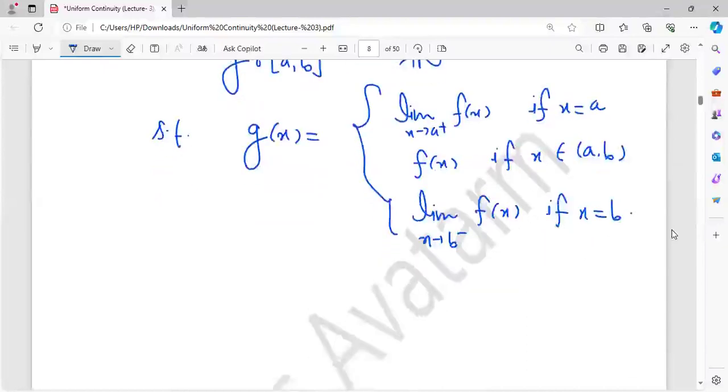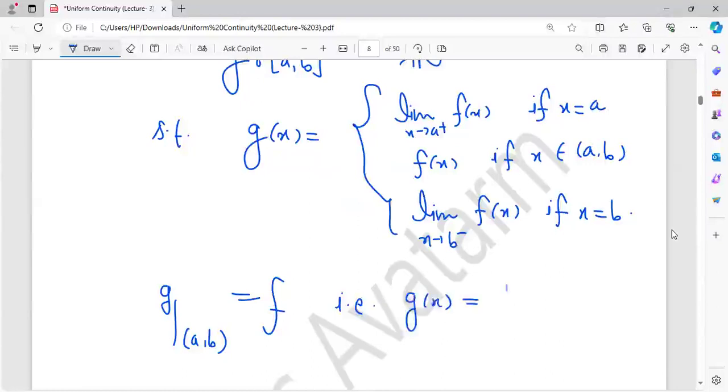So you see that this function has a quality. The restriction of g on the open interval (a, b), what does it mean? It is nothing but the f function, because if x belongs to the open interval, it is nothing but f. So g(x) on the open interval (a, b) is equal to the f function.